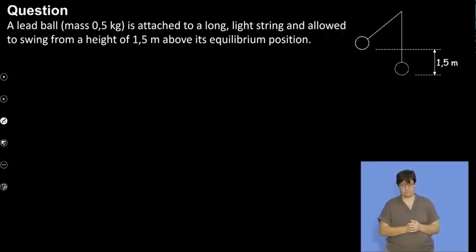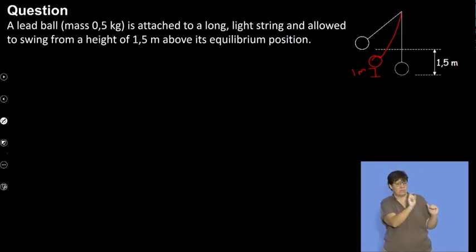What happens though? Now we're going to change this up a little bit. I want to know the velocity of my ball when it's 1 meter above the ground. Now we've got to think carefully. I can either compare to when it's at the bottom or when it's at the top.